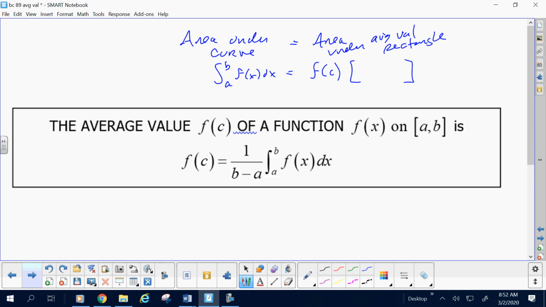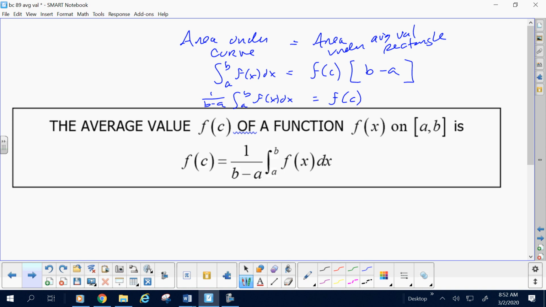Now, the base of the rectangle depends on the region that you're finding the area under. So it's basically the right endpoint minus the left endpoint. Then if you solve for f at c, because the goal is to get a method for finding the average y value, then we would divide over the base of that rectangle. And that's where the average value idea comes from. Area under the curve divided by the base of the rectangle equals the average height rectangle. So this is average value.